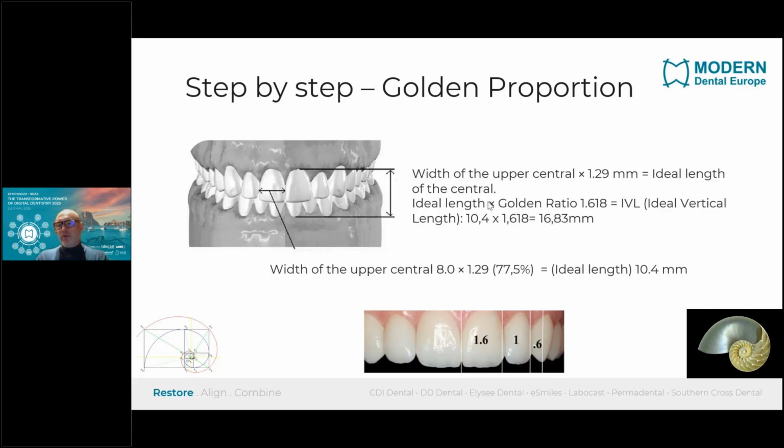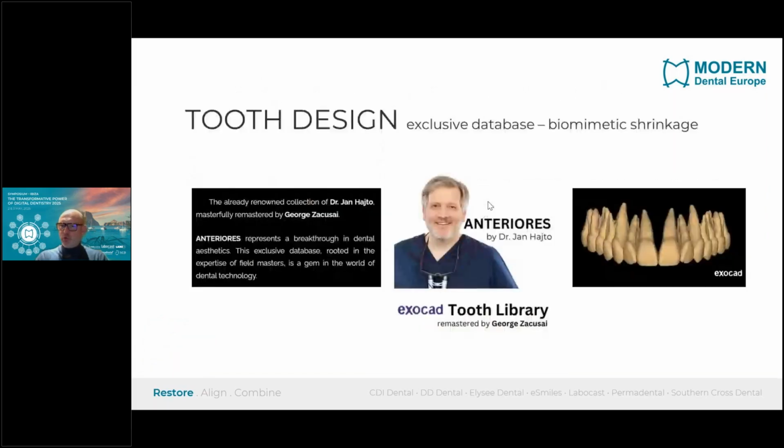So this is with, of course, also the overbite of 2 millimeters included. So this is quite normal. Normally we have about 18 millimeters. So these are proportions, measurements, and calculations we can do to come to what we call the ideal smile design.